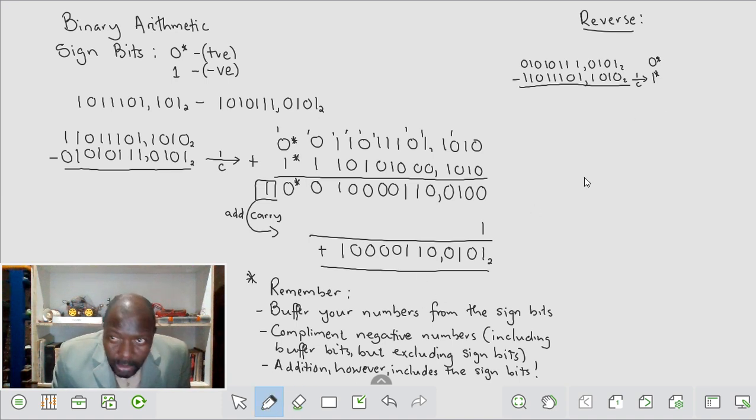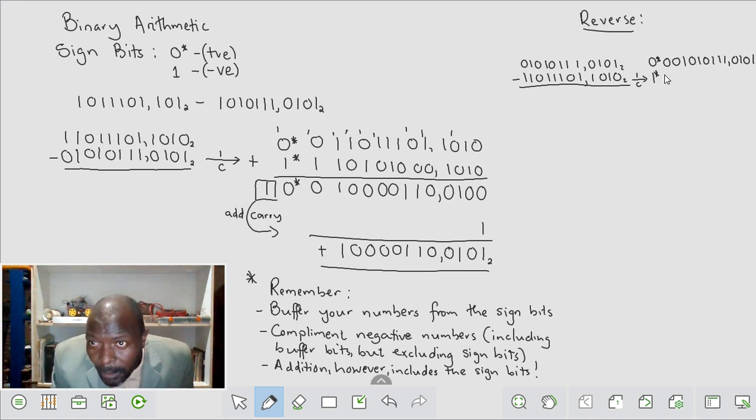Now I'll repeat this, put my buffer first, then my number 0, 1, 0, 1, 0, 0, 1, 0, 1, 0, triple 1, and 0, 1, 0, 1.